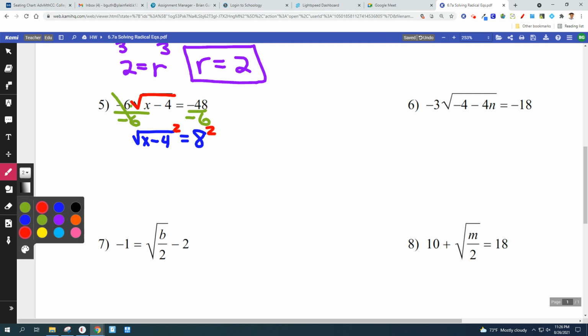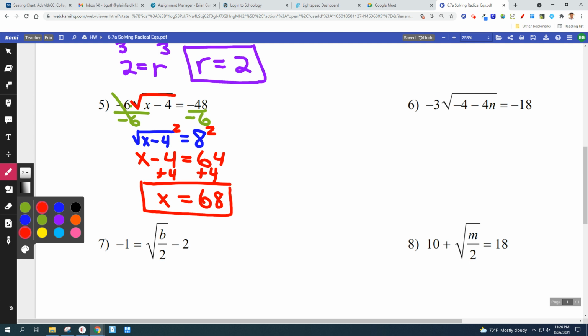That cancels out the radical, gives me x minus 4 equals 8 squared is 64. Add the 4 over. X equals 68. Make sure you're showing your work. Every once in a while there's a step you can skip, but I'm showing you exactly what I want, okay? So pretty much do what I've got here.